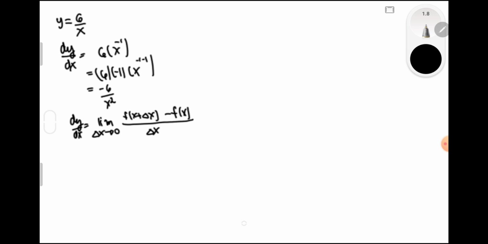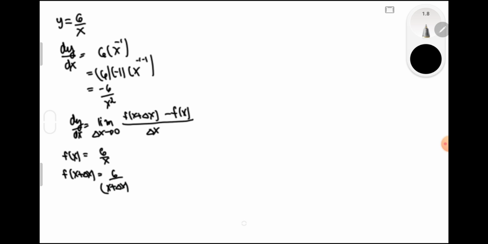Okay, so we have our f of x, which is equal to 6 over x, and f of x plus delta x, which is equal to 6 divided by x plus delta x.